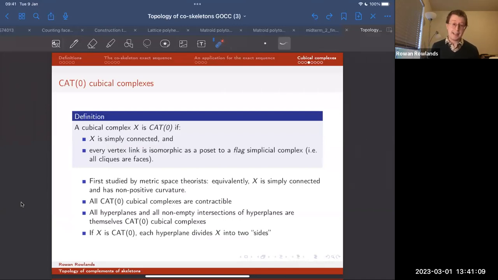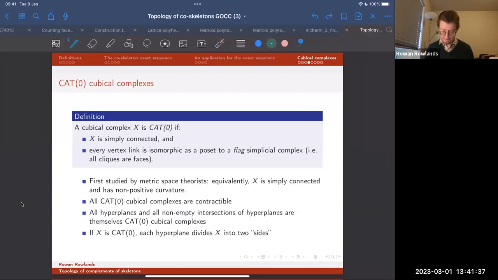Also, in a CAT(0) cubical complex, the hyperplanes are also CAT(0) cubical complexes, and actually every non-empty intersection of hyperplanes is also a CAT(0) cubical complex. So it's kind of like CAT(0) all the way down. And also, if you've got a CAT(0) cubical complex, the hyperplanes of that complex are two-sided. They split the complex into two halves, which is not something that happens in general for cubical complexes.